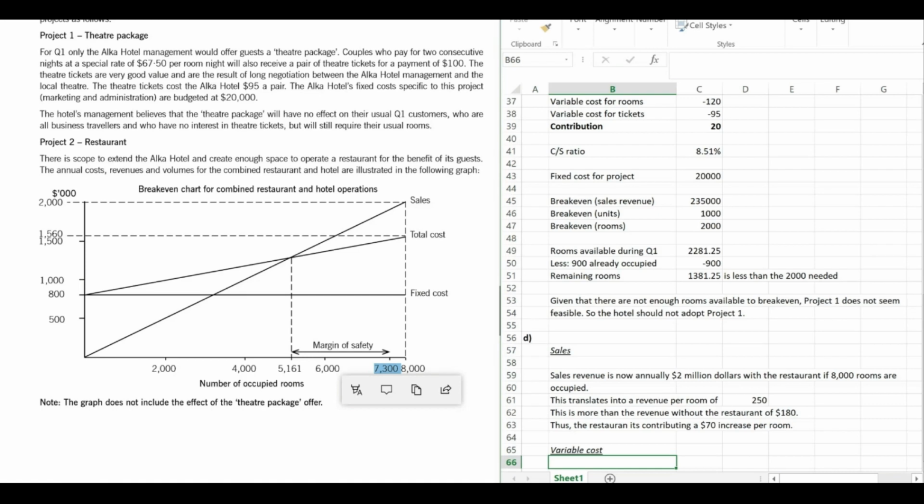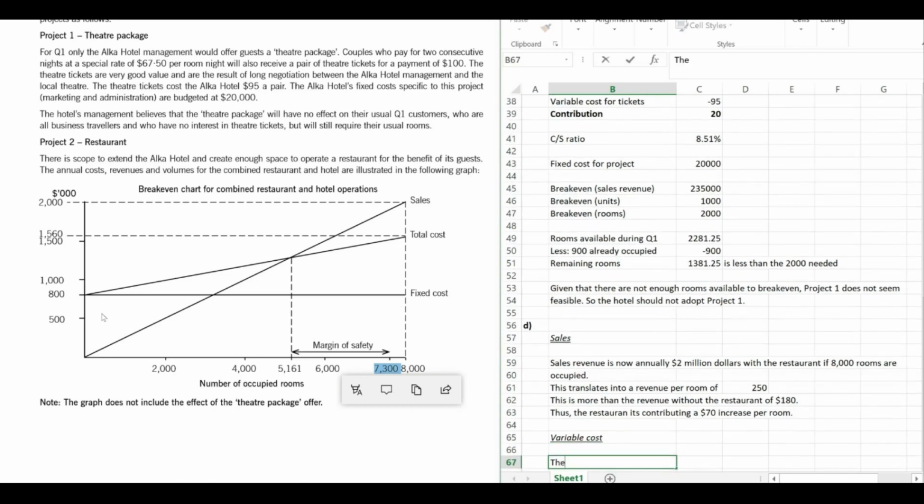So the total cost for 8,000 is 1,560,000 and fixed cost is 800,000.